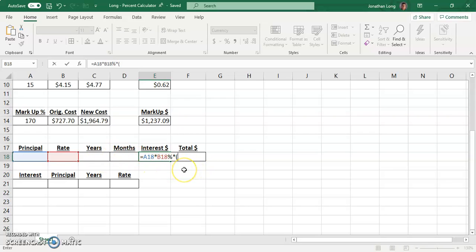Again, just to back up, take principal times rate as a percent times your time. If I do have a years number, it would just be the years. Remember, I'm going to add my years and months because my amount of time is either going to be years or months, not both. Plus, and now I want to do my months. So I would click this box, but here's what you have to remember.